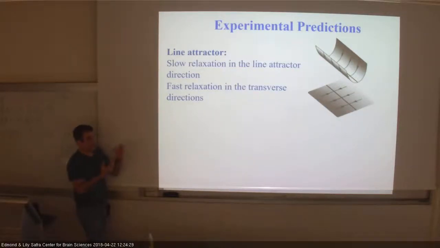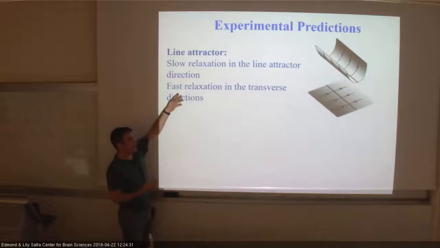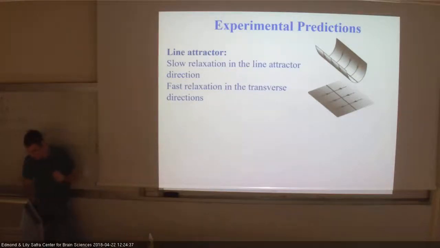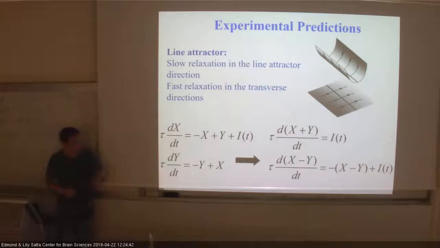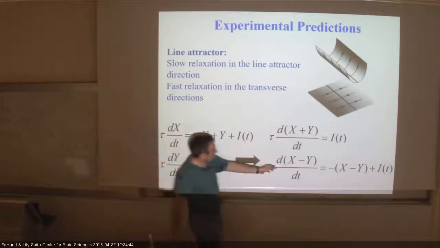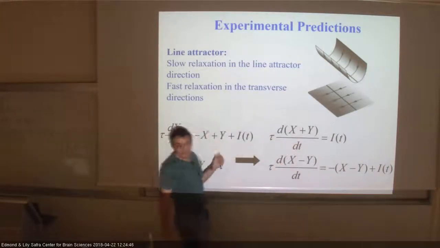The signature of this mechanism is that there will be directions in which relaxation will be indeed fast. So this is just again the equation. So in this direction, relaxation is fast. Any questions?